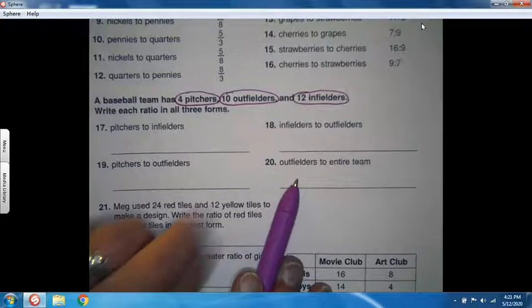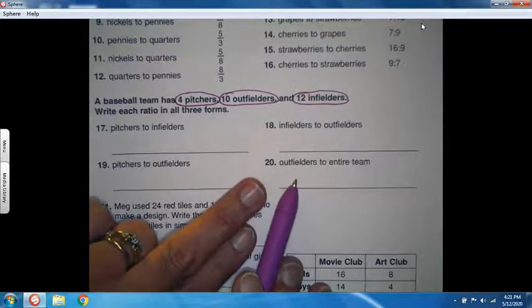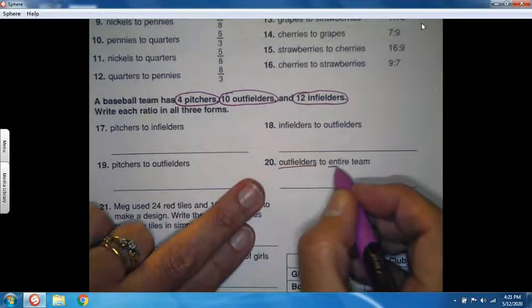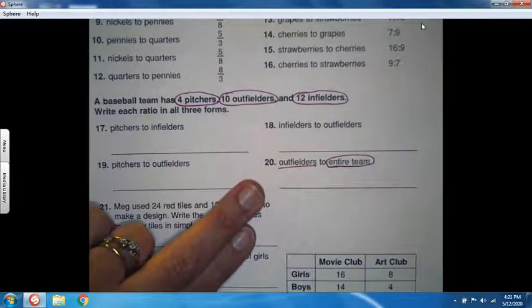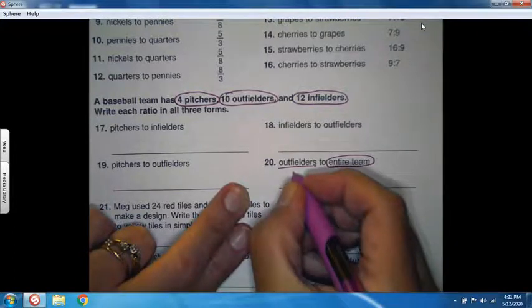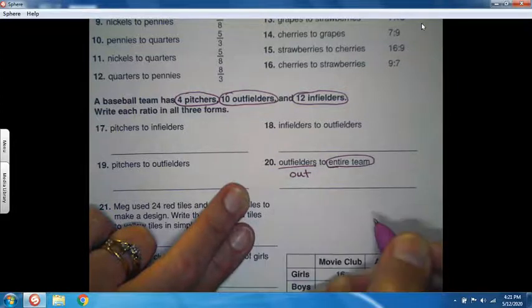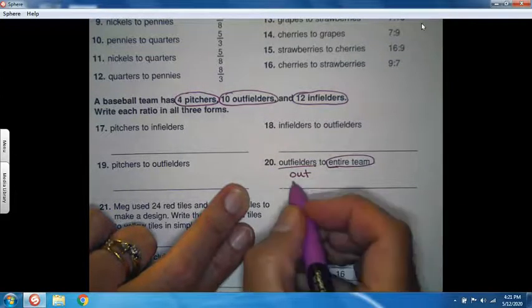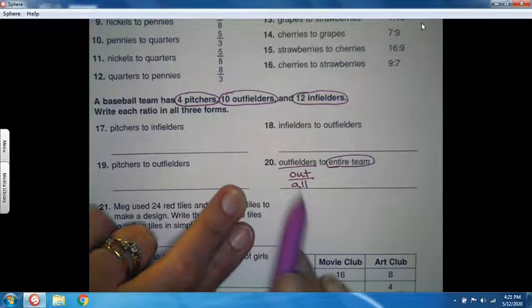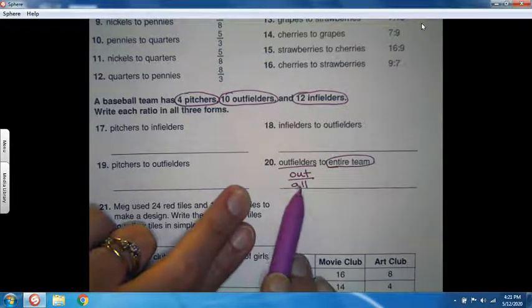Okay, so here we go to number 20. Outfielders to the entire team. Okay, so how many outfielders? And once again, I like to write the words. So I'm going to put out on the top, meaning outfielders, of course. I'm lazy. To all. The outfielders to the entire team, or to all of the kids on the team.